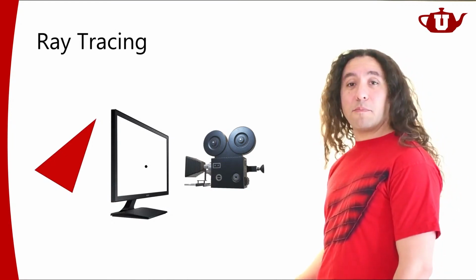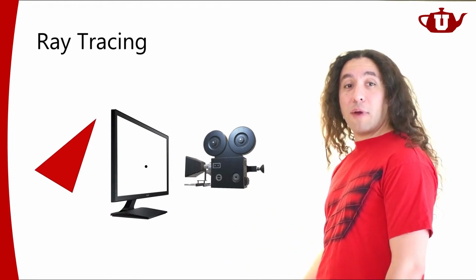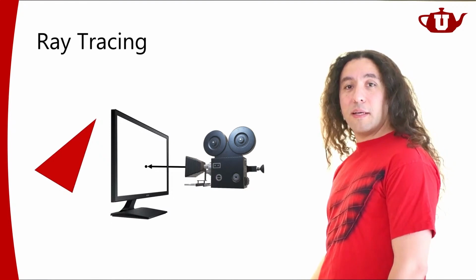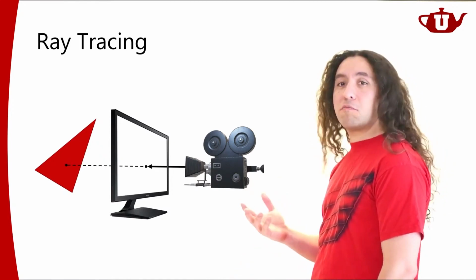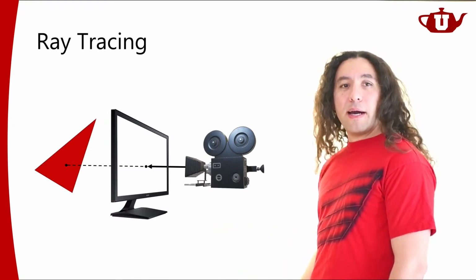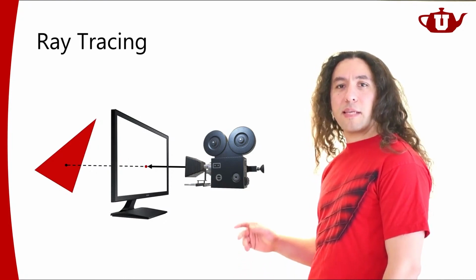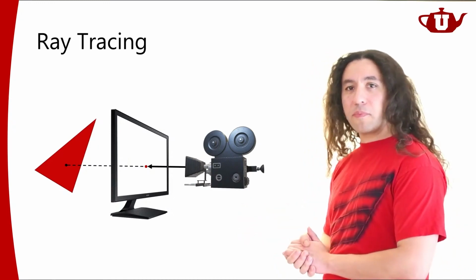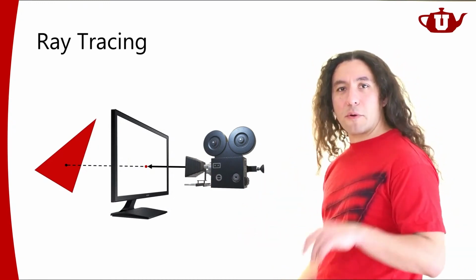So for any point on the screen, we're going to be generating a ray that originates from the camera and goes through that point, and then we're going to trace that ray and find out which of our scene primitives it hits, if anything. And if it hits anything, then we're going to shade that point, and we're going to set the color of that pixel to that point, and we'll be done, right? So that's ray tracing in a nutshell, and that's what we're going to be doing.